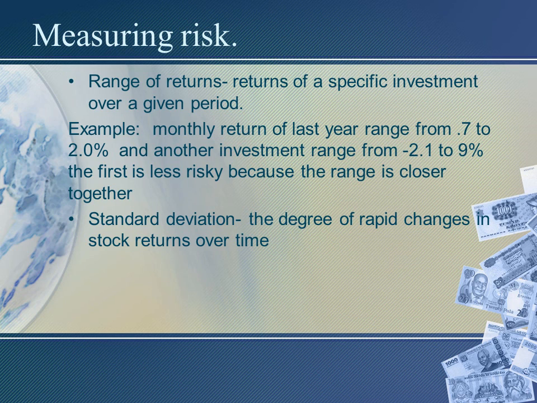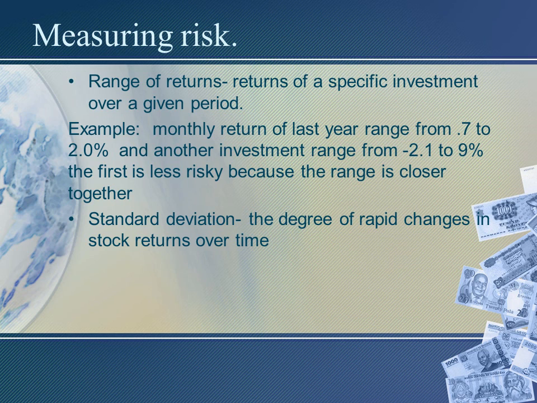The range from the first example, the 0.7 to the 2%, is a lot slimmer than the second one. And because the range is smaller in the first example, that particular stock is deemed to be less risky.